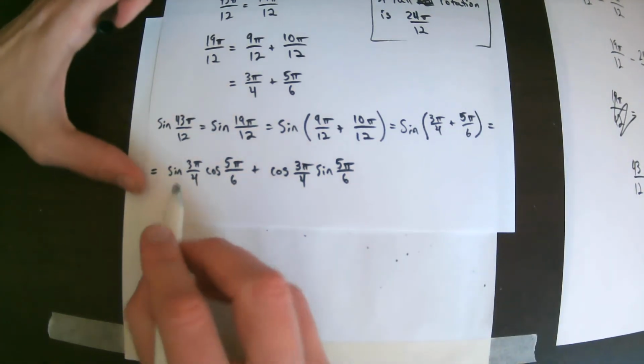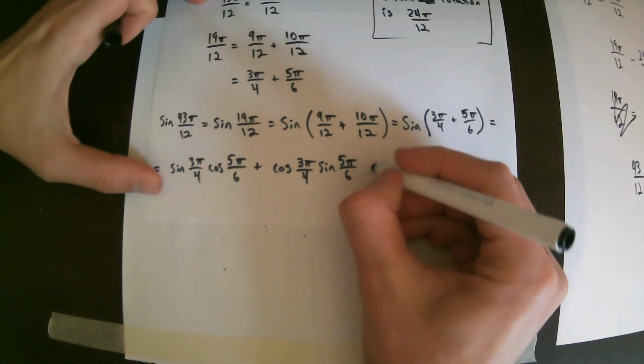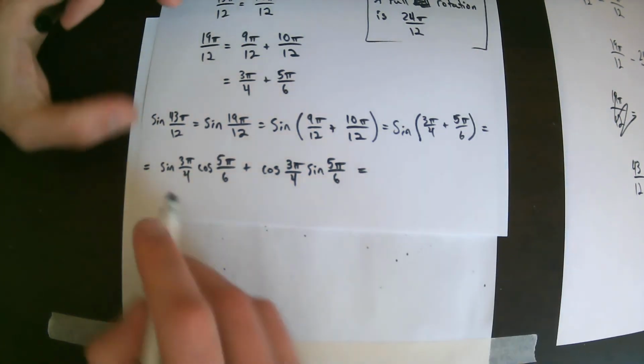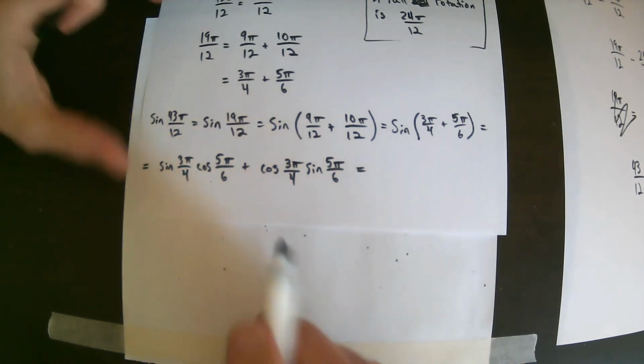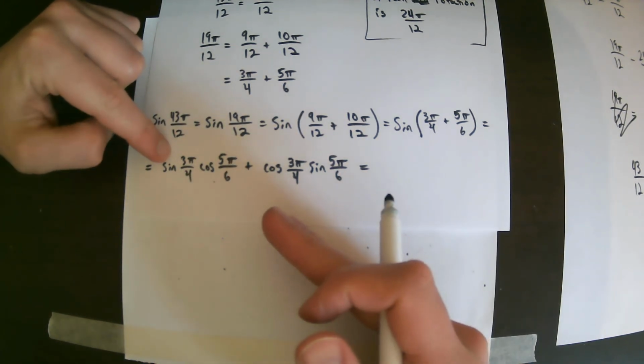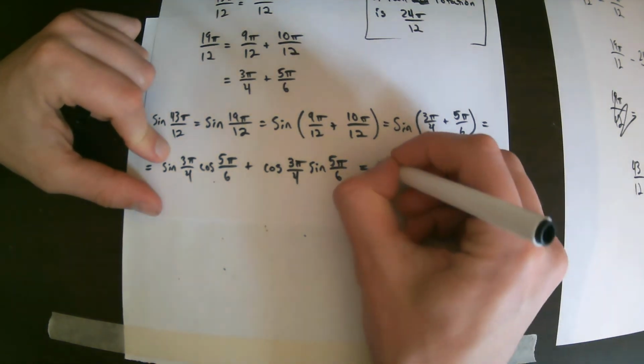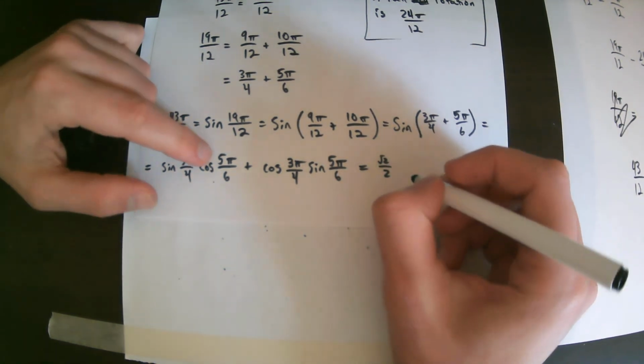And then from here, since all of these are special angles, all we need to do is look at the unit circle and determine what each of these are, and then the last step will be to multiply, do some algebra. Let's see, sine of 3 pi on 4 is root 2 over 2.